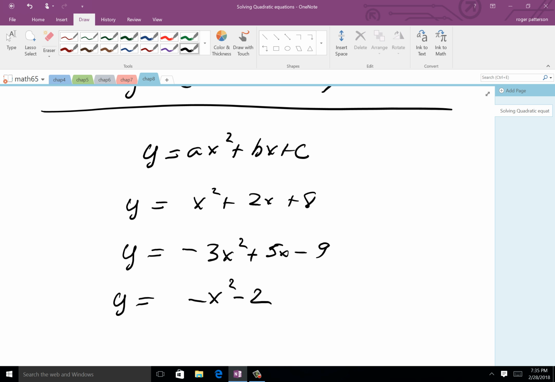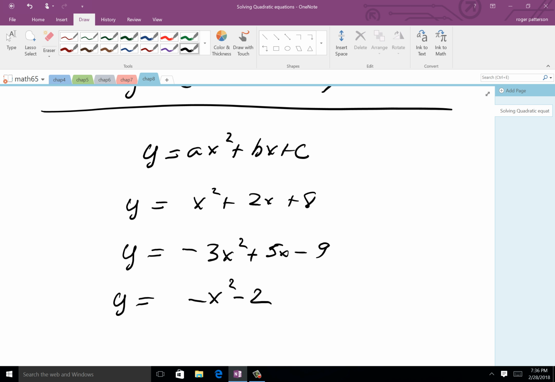How do you know? Because A is positive, okay? And this A, and the A that's in front of vertex form, and the A that's in front of the intercept form are all the same A. It's all the same. So upward, down, down. That's how I tell. All right, so I don't have to worry about any of that stuff there.